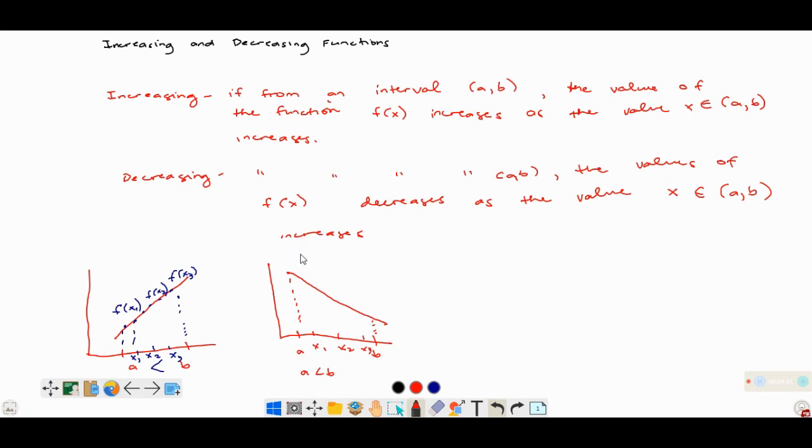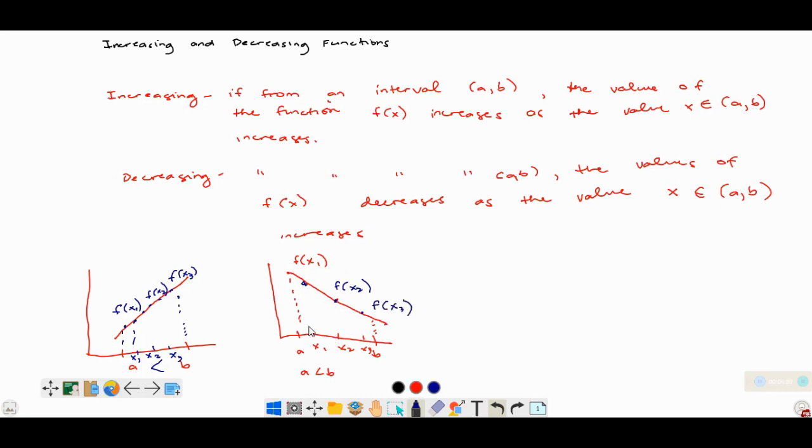And for all these points, we can find the value of the function f of x. So this is f of x sub 1. This is f of x sub 2. This is f of x sub 3.